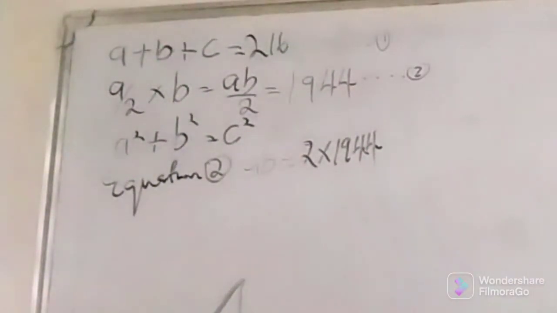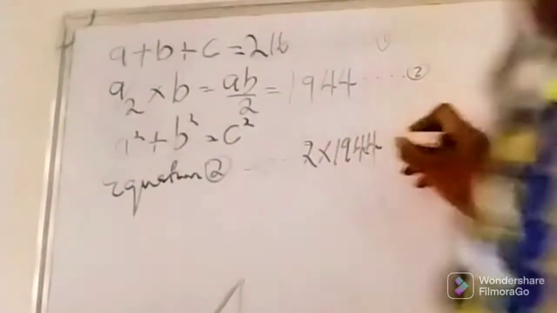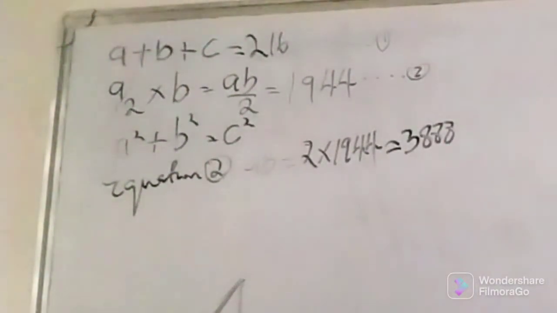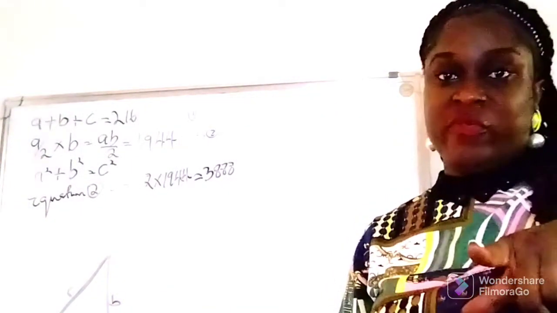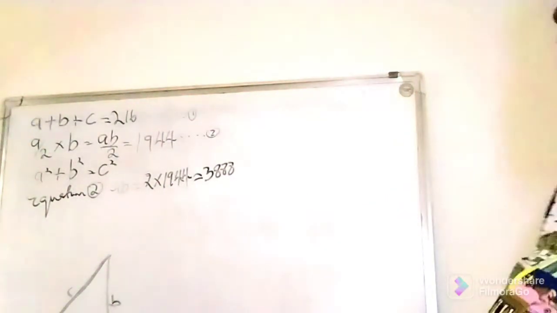So I'll quickly use my calculator to find that out. 2 times 1944 will give us 3888. Okay? So what I'm going to do next, mind you, I've not tried this question before. This is my first time of trying this question.